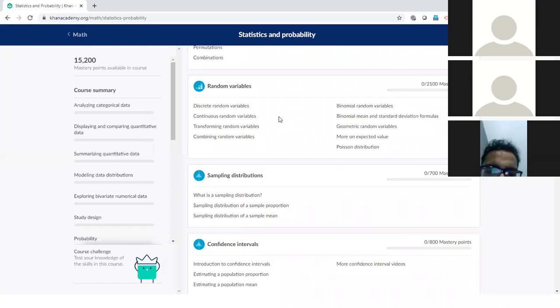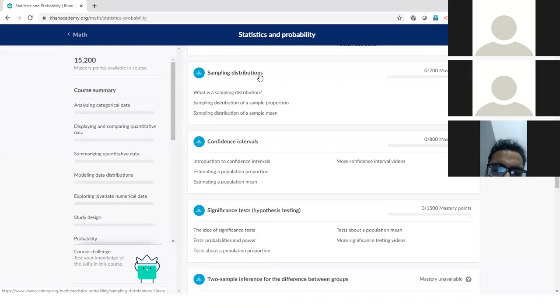Now, random variables. This is important in terms of discrete random variables and continuous random variables, because from the sampling point of view, there is randomness. Until there's randomness, there is no point in having probability. How this randomness can be understood and tackled will be explained with random variables.